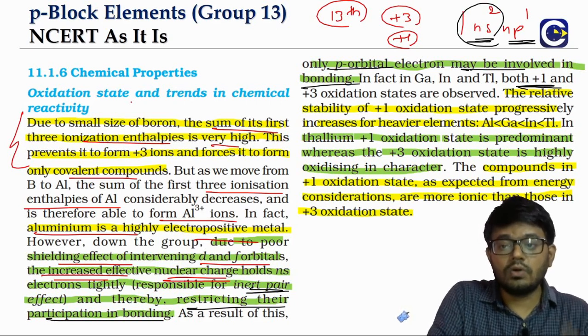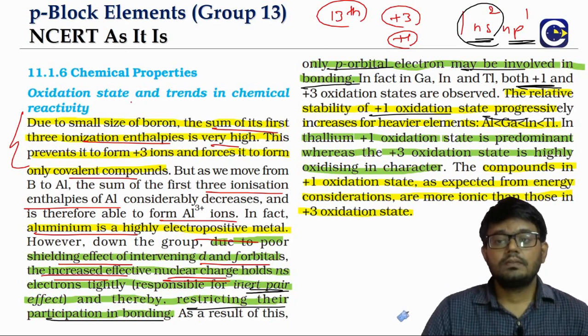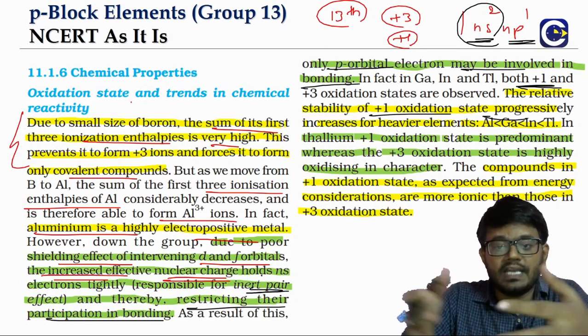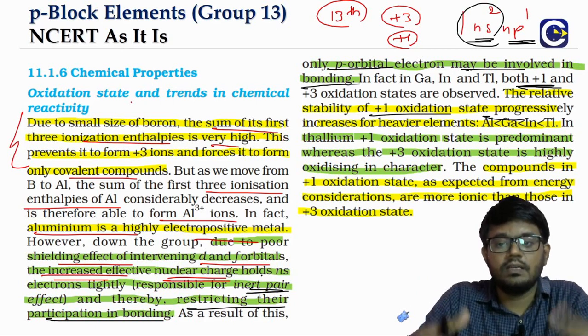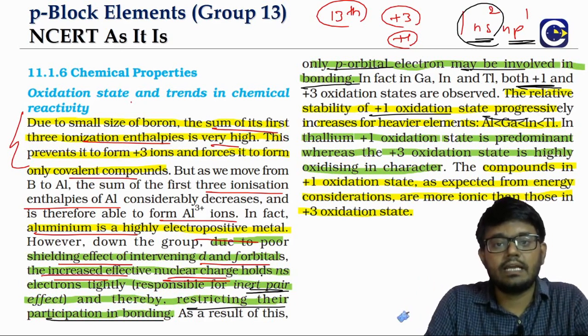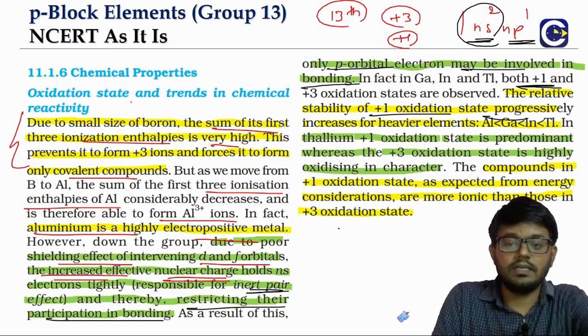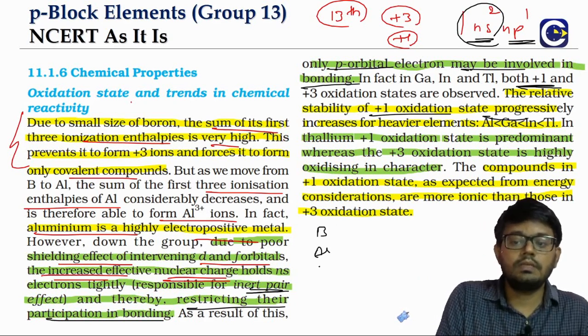And as we go down the group, the inert pair effect becomes more prominent. Why? Because the poor shielding effect of the d and f electrons will cumulatively add up, and we will see that when we reach the final element, boron, aluminum, gallium, indium, thallium.